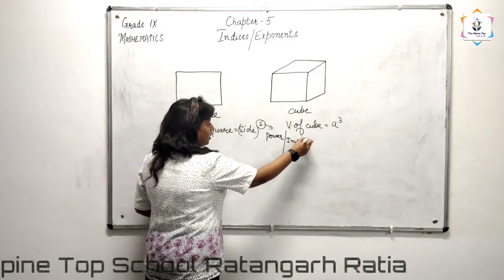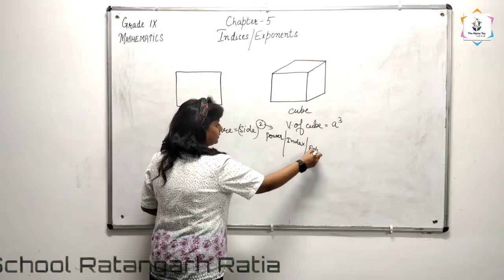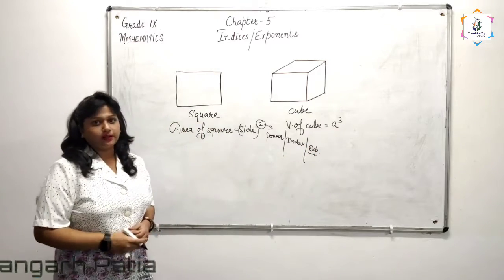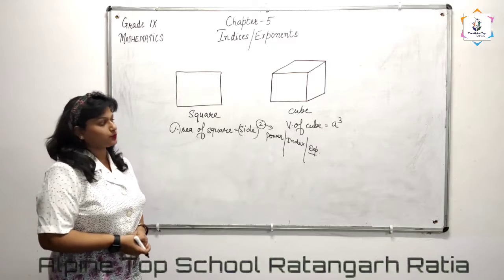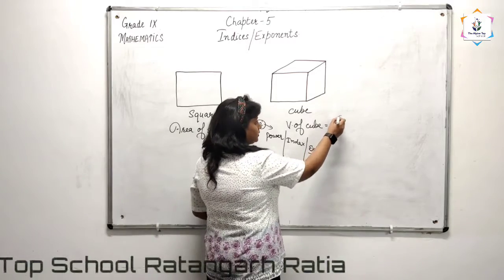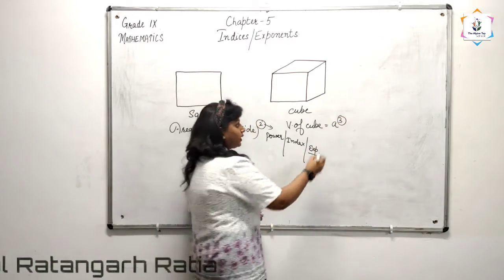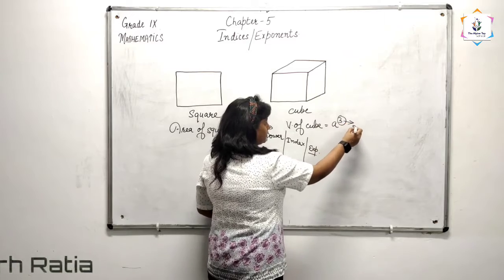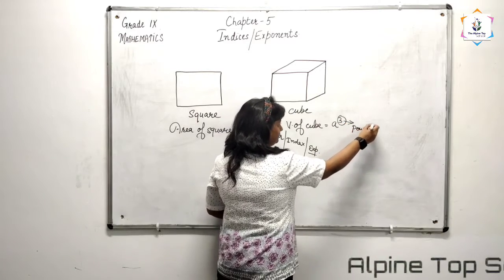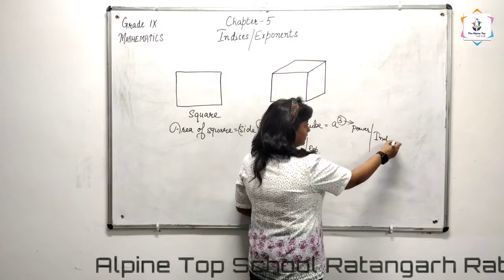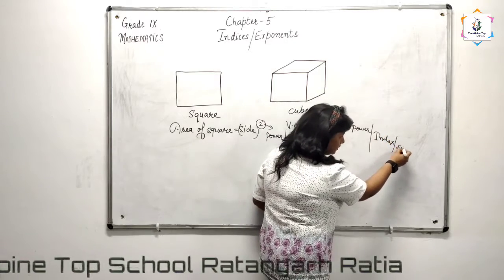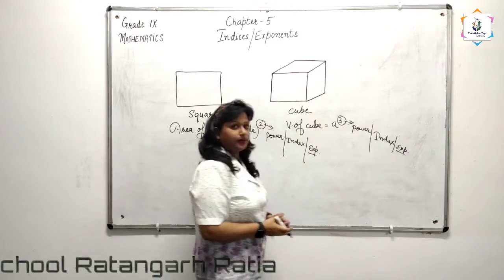Now, do you know what we call this power? Index, or you can say exponent. And today's topic is index and exponent. Same as here, this power 3, this raised to power 3, we call a power, index, and exponent.